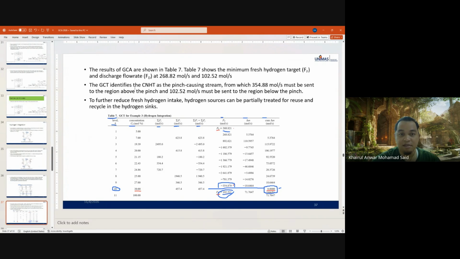So the GCT defined NH2 as the pinch crossing stream, from which 354.884 mole per second must be sent to the region above the pinch, and 102.52 must be sent to the region below the pinch.